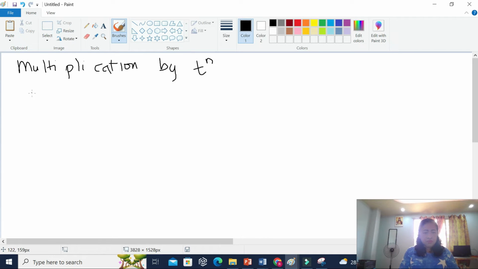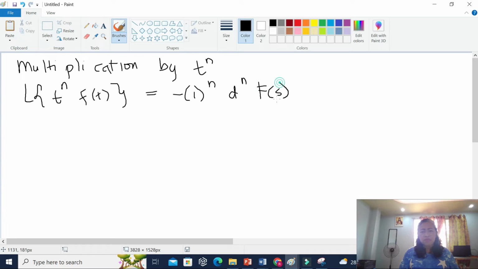A factor multiplied by t to the n. For example, we have the Laplace of t to the n times a function of t. The formula there will be negative 1 raised to the n, times the nth derivative of the Laplace transform of the function, d to the n over ds to the n. That is the formula.